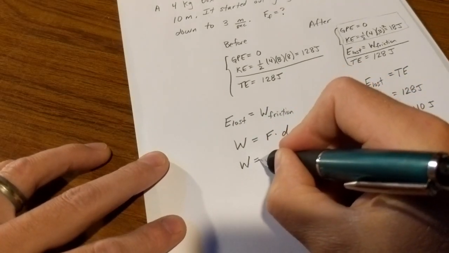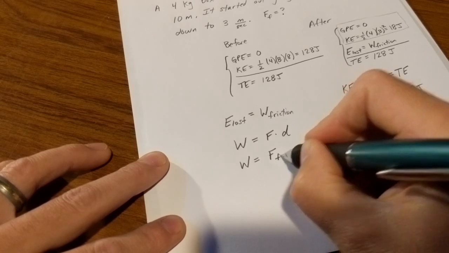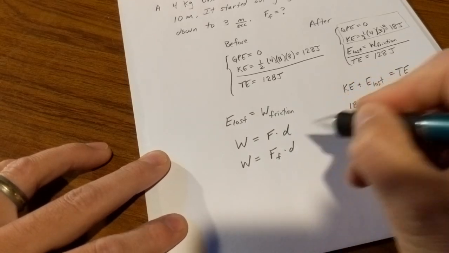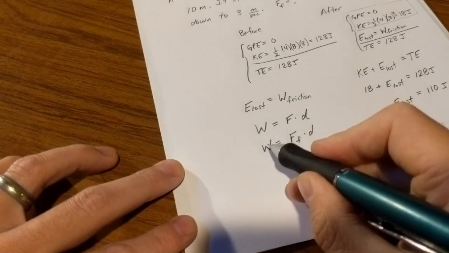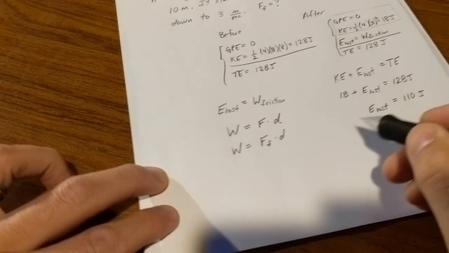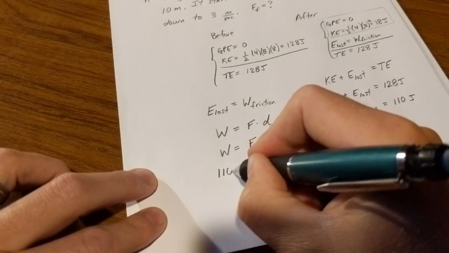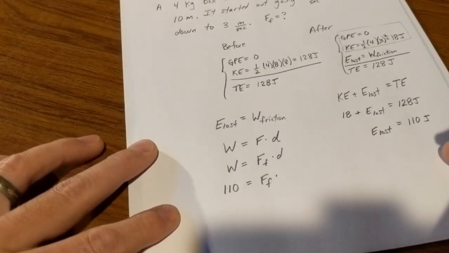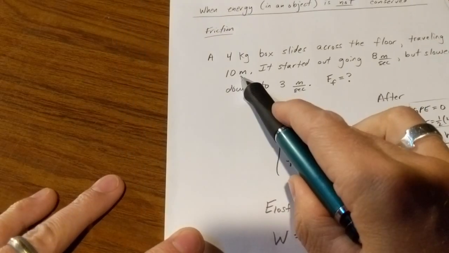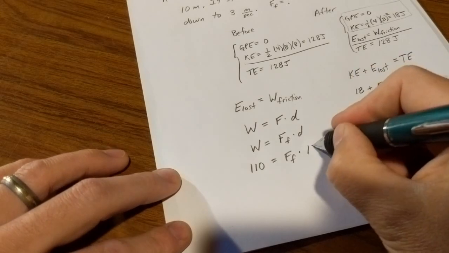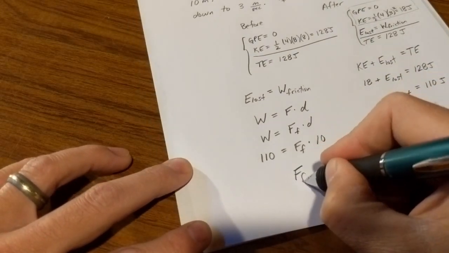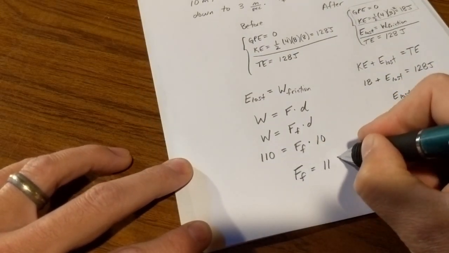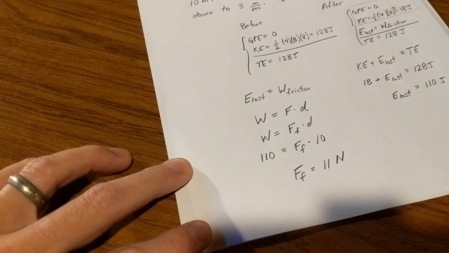In this case, that force is the force of friction. The work is the energy that was lost, which is 110 joules. And the distance it lost that energy over was 10 meters. So the force of friction was 11 newtons.